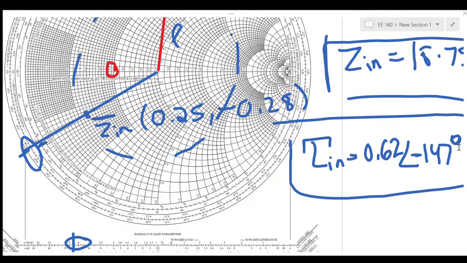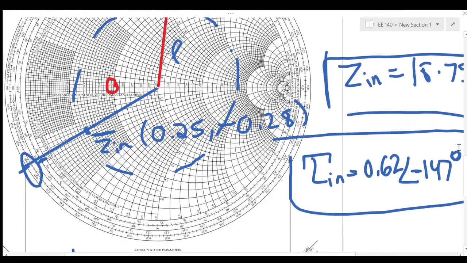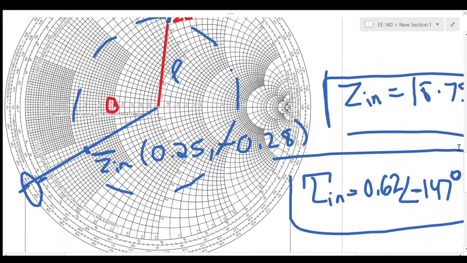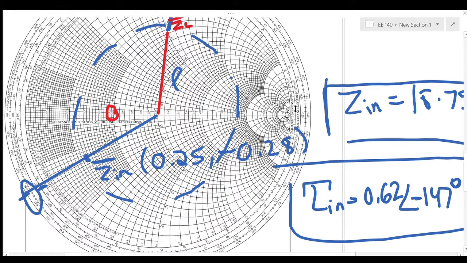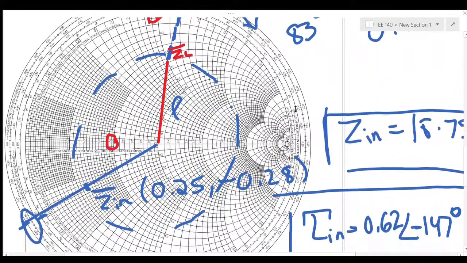So then we want to find Zn. So to get the point Zn, remember that the length is going to be along the constant VSWR circle. So this is rho 2. So we measure this and then bring it to this side, because that's where we drew a line for our Zn.